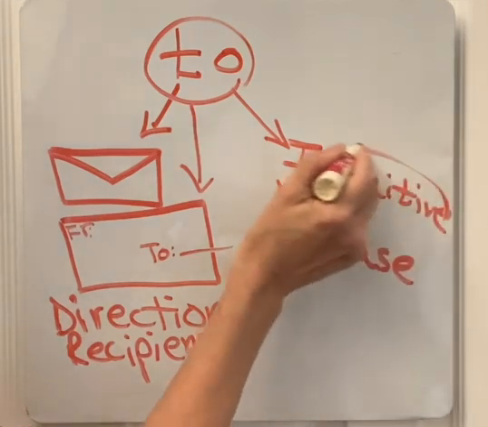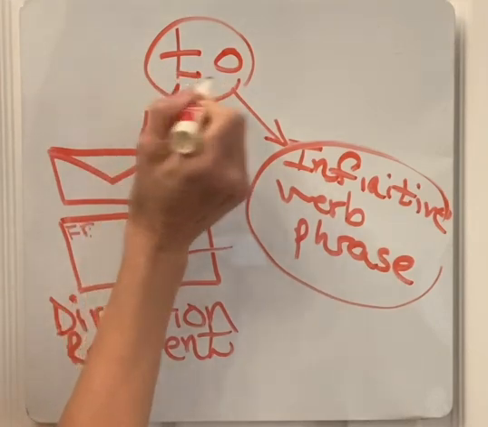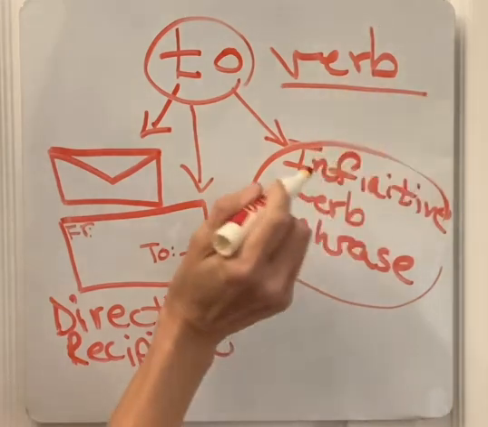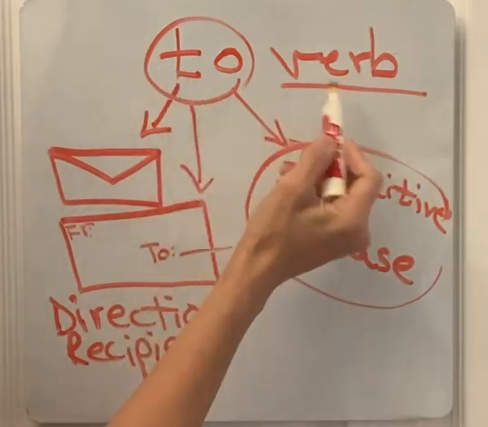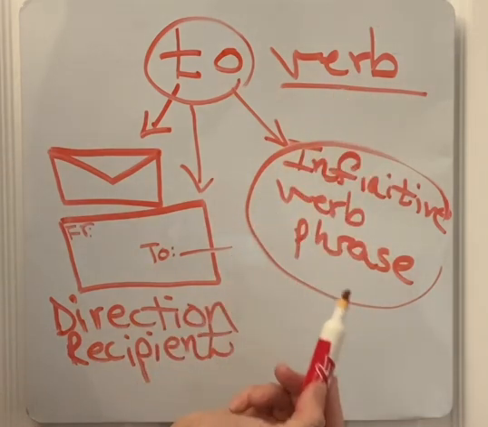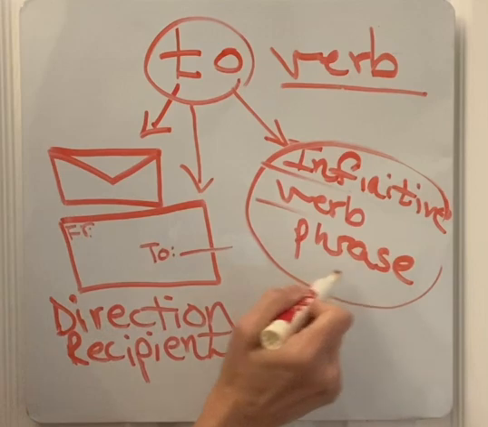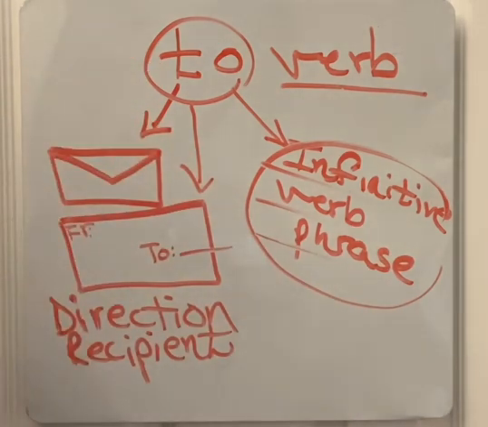You achieve this by using a "to" in front of whatever verb. When you add "to" to the sentence in front of your verb, you've just created an infinitive verb phrase with the help of that guy right there, "to," okay?